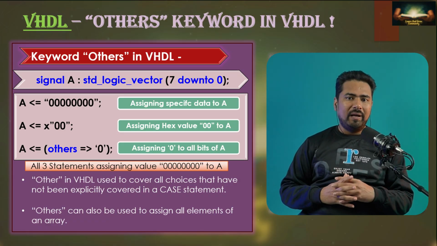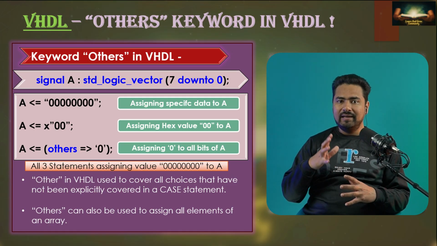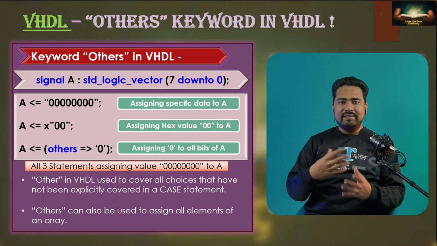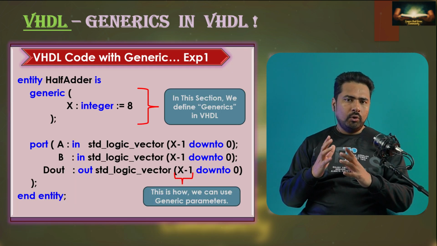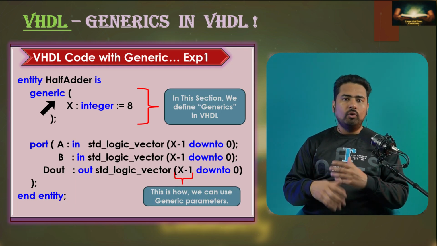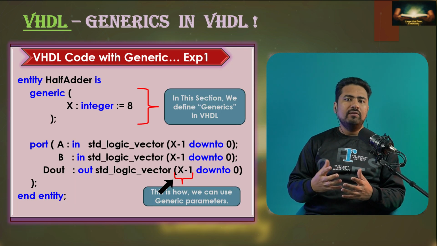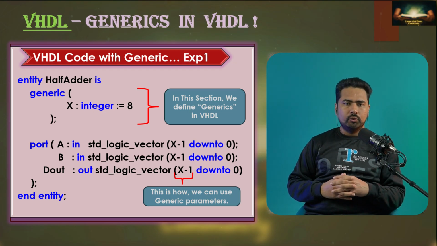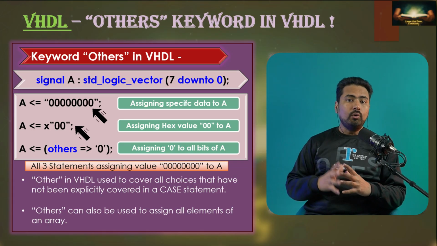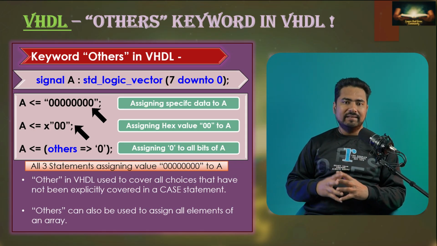There is one more benefit of using the others keyword in assignment when you are designing your system for flexibility. For example, you used a generic in your VHDL design to adjust the width of a std_logic_vector signal for some of your components. And you used a hard-coded assignment while resetting the signal.